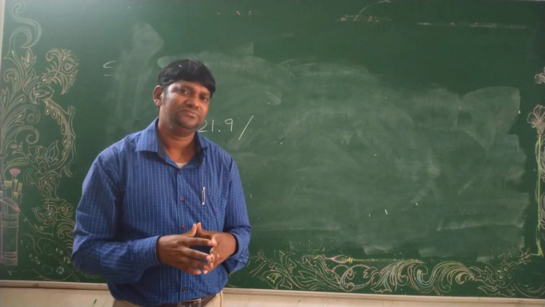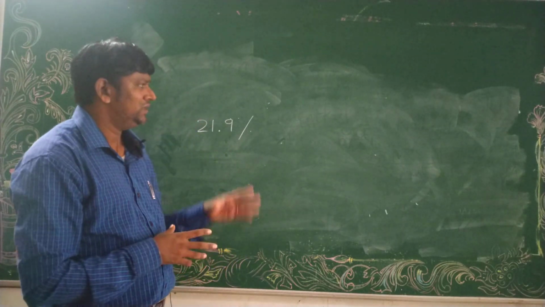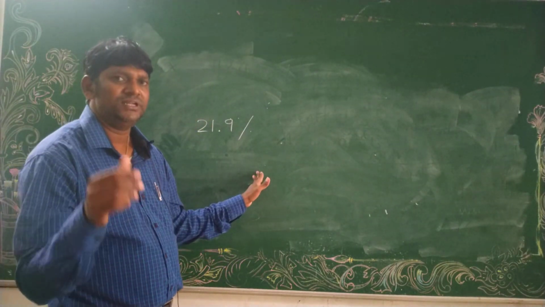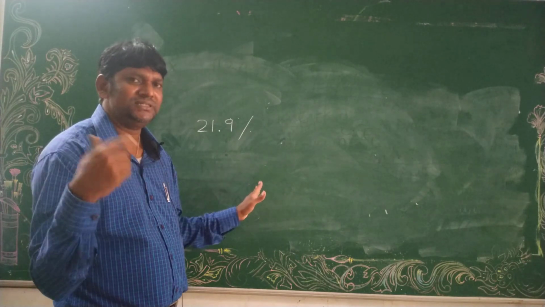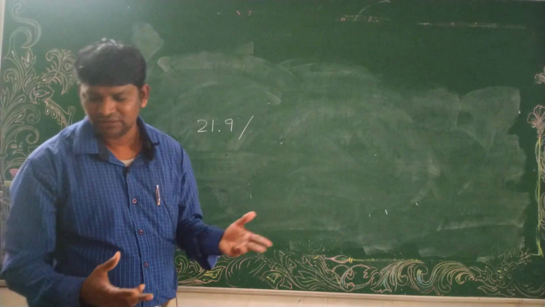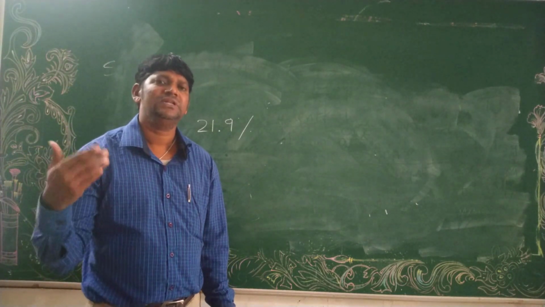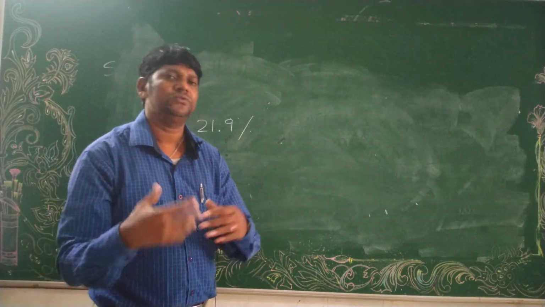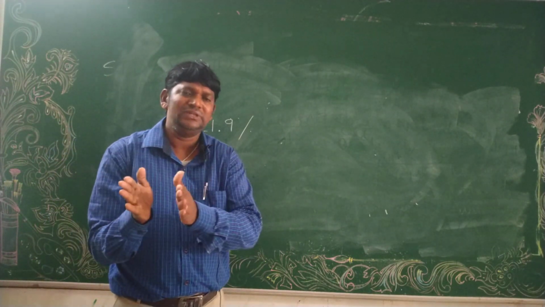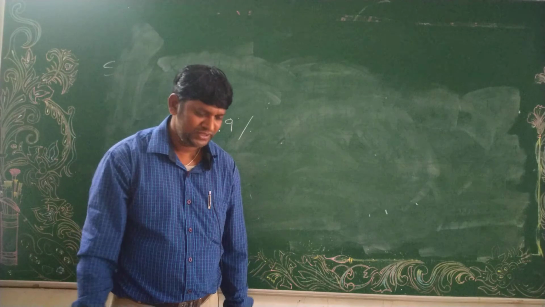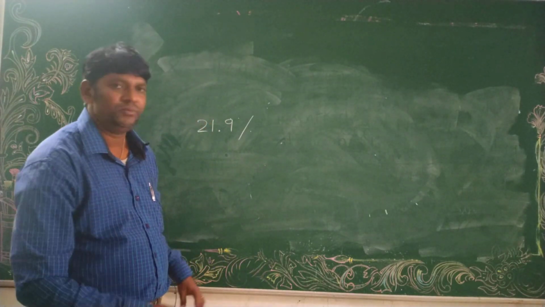And what are the internal problems? I told you that number one is unemployment, next is corruption, third is discrimination, and fourth is communalism, and so on. So these I will discuss one by one in the coming videos. I hope this topic is understood.